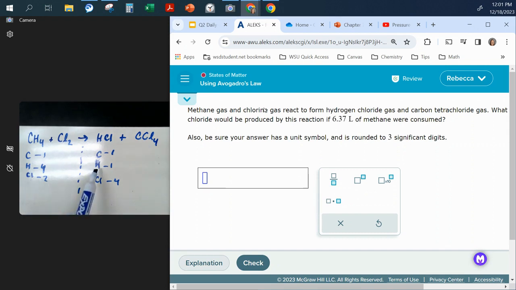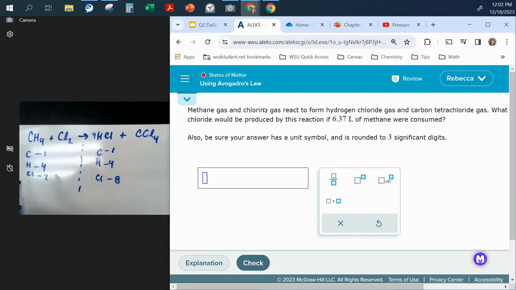Okay, so I need this to be 4. So I'm going to put a 4 here. Now I have 4 hydrogens, but I also have 8 chlorines, 4 and 4. So then I have to go back over here and make this have 8. So I'm going to put a 4 here. 4 times 2 gives me 8 chlorines. So now my atoms are balanced.